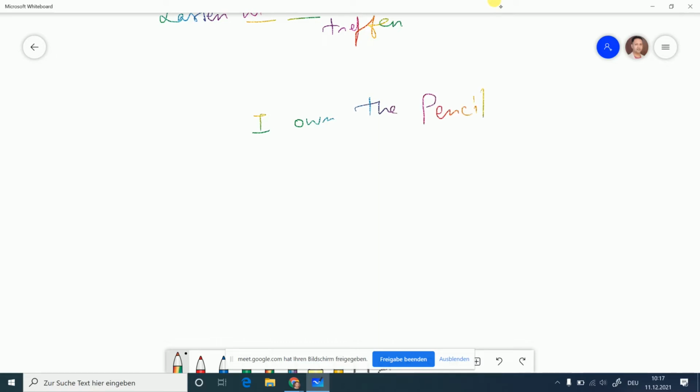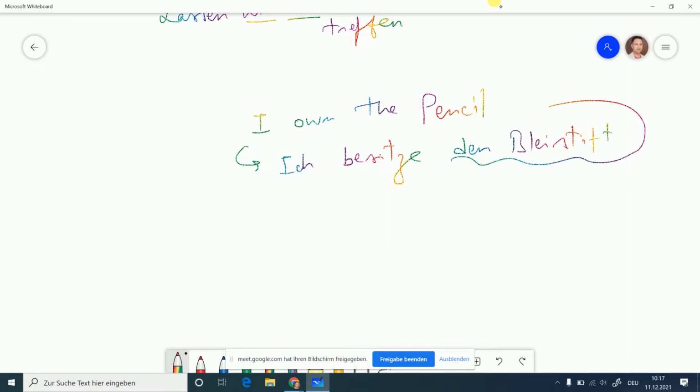One way I can say, ich besitze. Like last time we used the word besitze for Auto. Ich besitze den Auto. So here also I can say ich besitze den Bleistift, or whatever it may be.